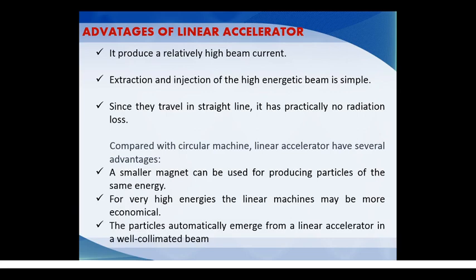A smaller magnet can be used for producing particles of the same energy, and for very high energies, linear machines may be more economical than other accelerators. And these particles automatically emerge from a linear accelerator, so we don't need any other charged particle for the extraction of the beam.